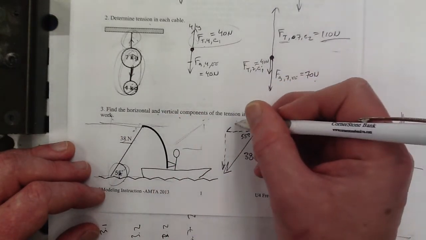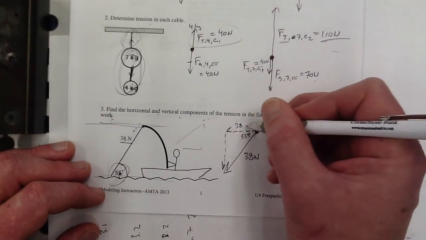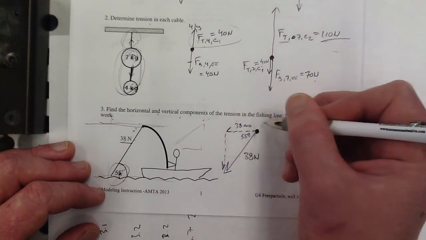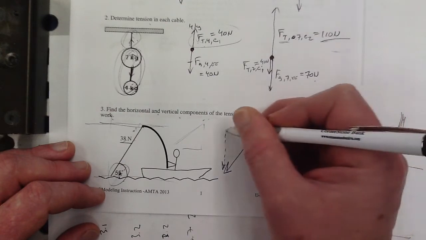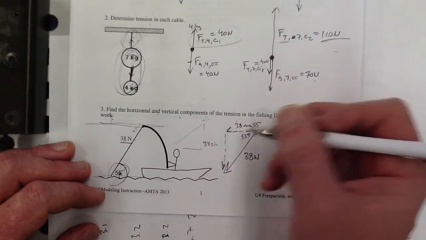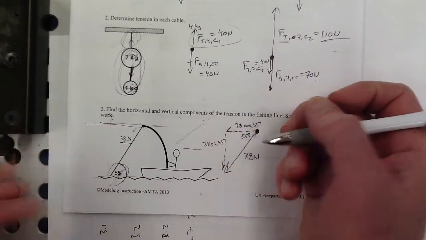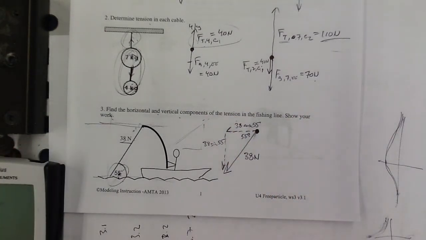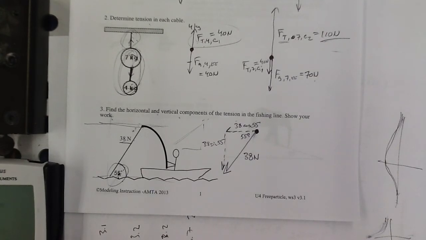So this right here would be 38 times the cosine of 55, because it's adjacent to this, and this is 38 sine 55. And you can do that. I'll just pop out the numbers real quick from my calculator and check my mode, because if you're in a calculus class especially, you've got to watch out.